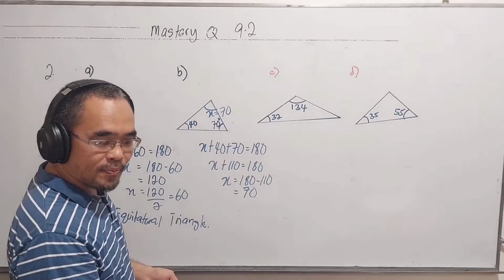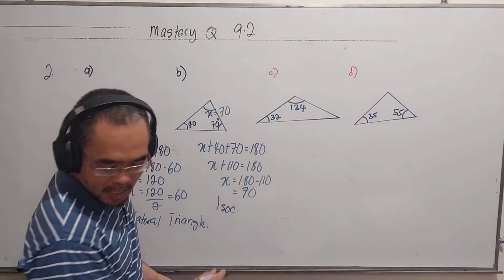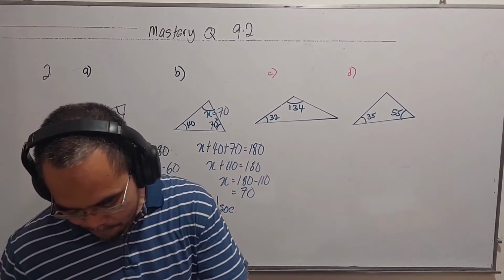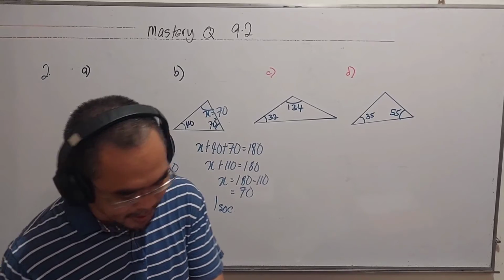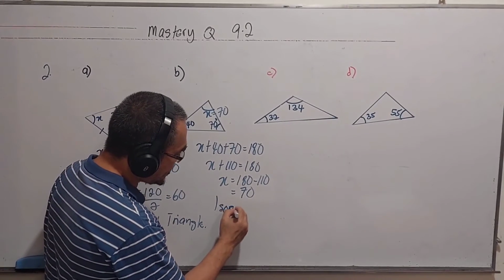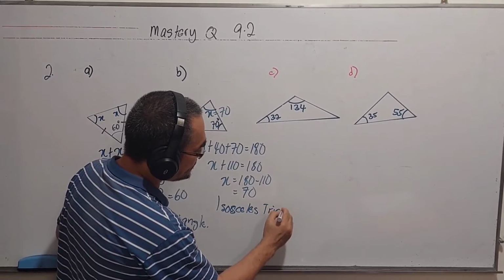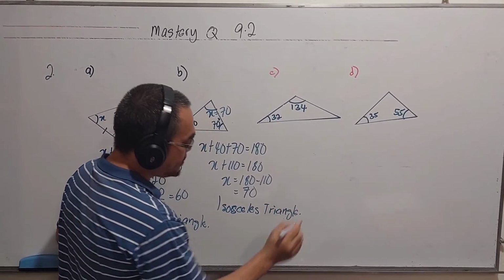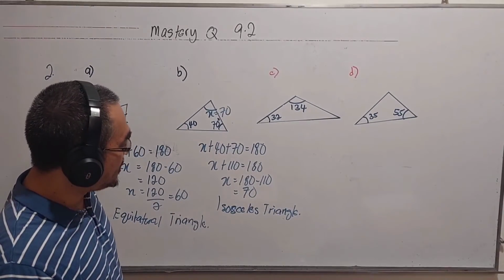So it's called an isosceles triangle. How do I spell isosceles? Isosceles triangle. Whenever we have two sides of equal value.